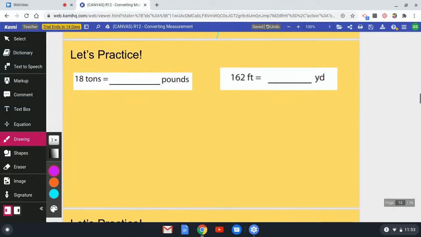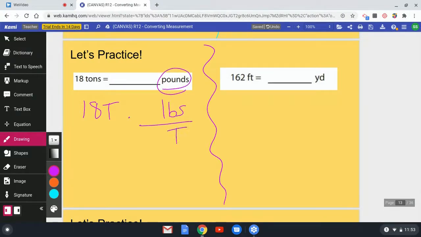All right, let's try this one. Start with what you have. 18 tons times, now I know I want to get to pounds, so I put pounds on the top, tons on the bottom. Look at my chart. What do I know about tons and pounds? I know 1 ton is 2,000 pounds.